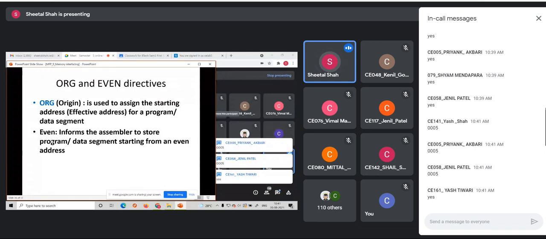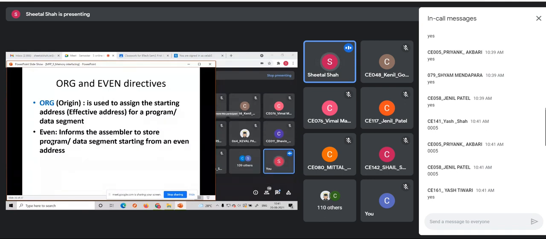Now instead of having this odd offset address, I want my next variable to be at an even address. Instead of 0005, the offset value of n1 should be 0006. To get that next even address, I can provide the EVEN assembler directive between n and n1.